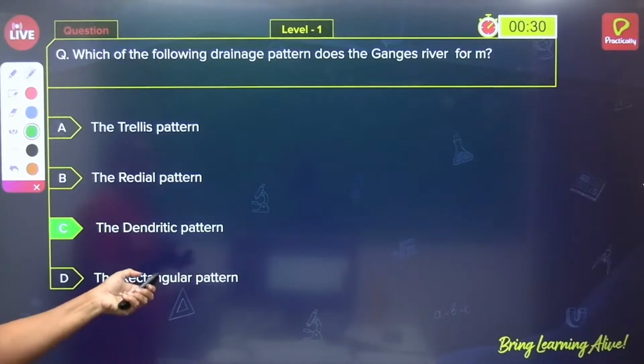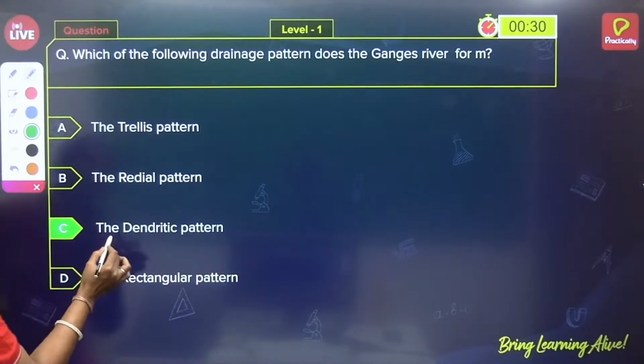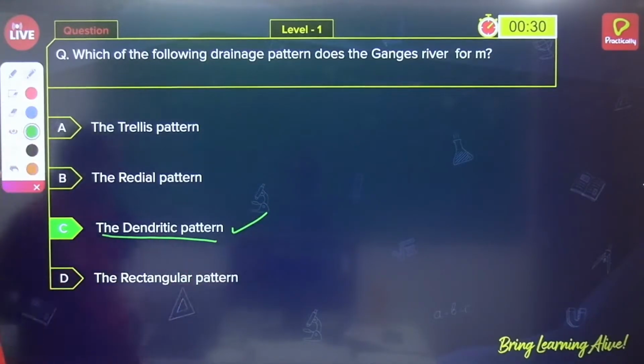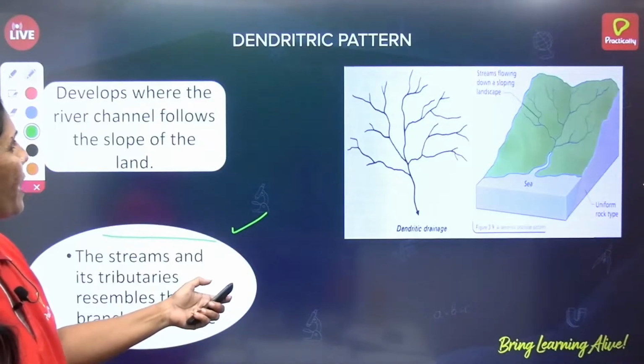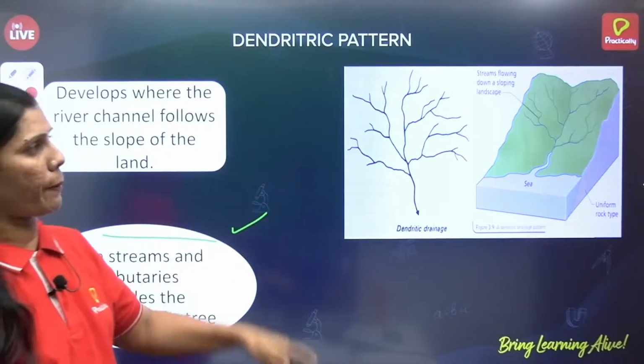Here is the answer: it's a dendritic structure. What are these patterns? Let us have a detail. See, dendritic pattern.